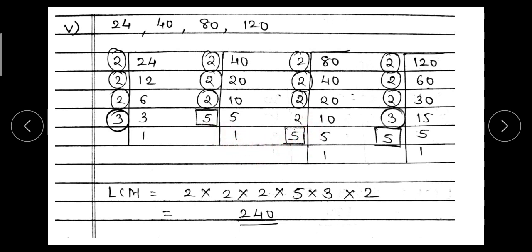Okay, now students, this is very important. Here 4 numbers are there. So what we will do? We will take common numbers in all the numbers first. So we have got 3 times 2, which are common in all the numbers.